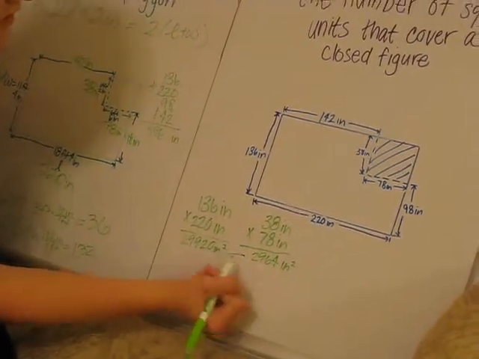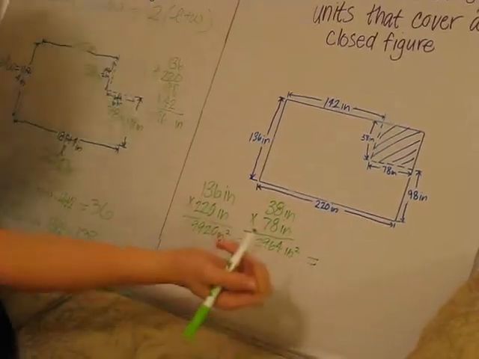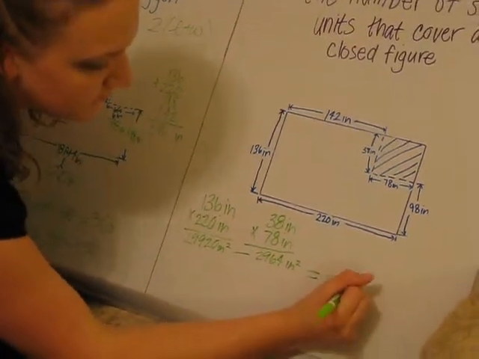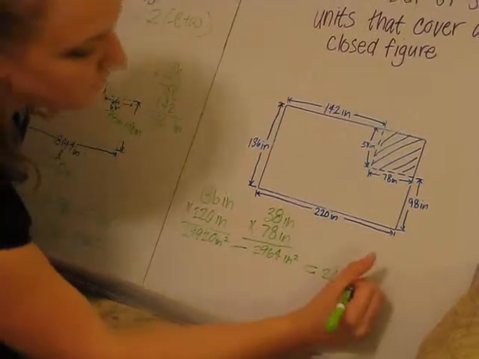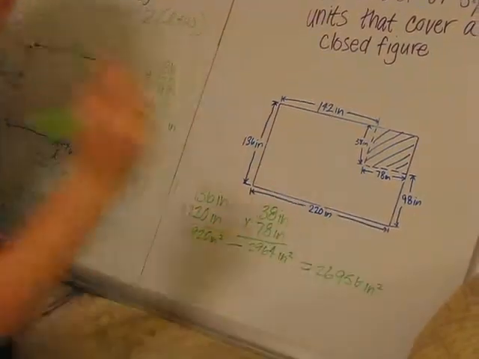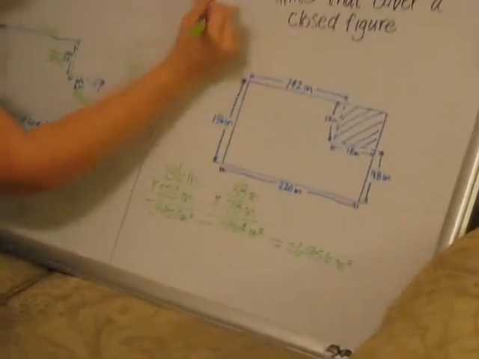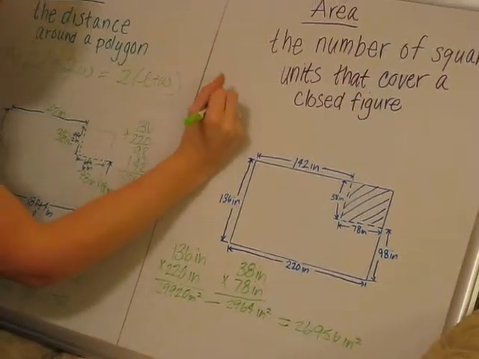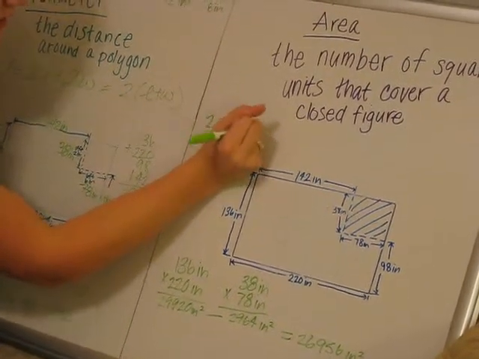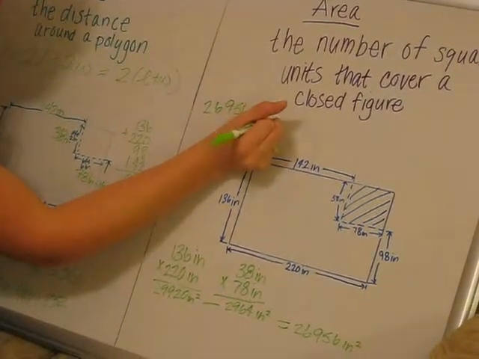So we subtract the 2,964 and you get 26,956 inches squared. So when we convert it back, we have 26,956 inches squared.